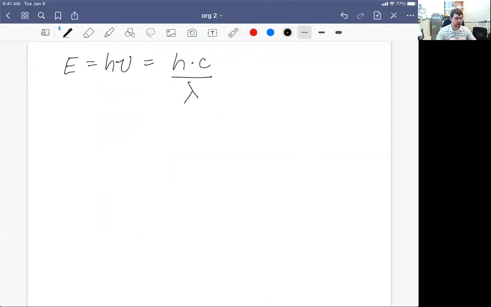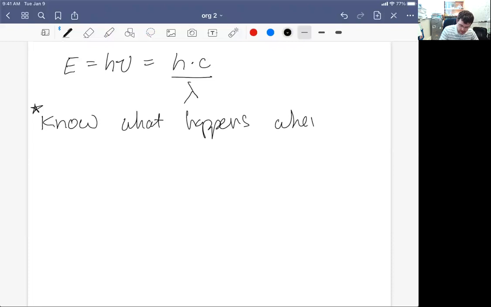Now, we need to know what happens when the energy goes up or down. This is what we need to know, and this is why this equation is very useful.